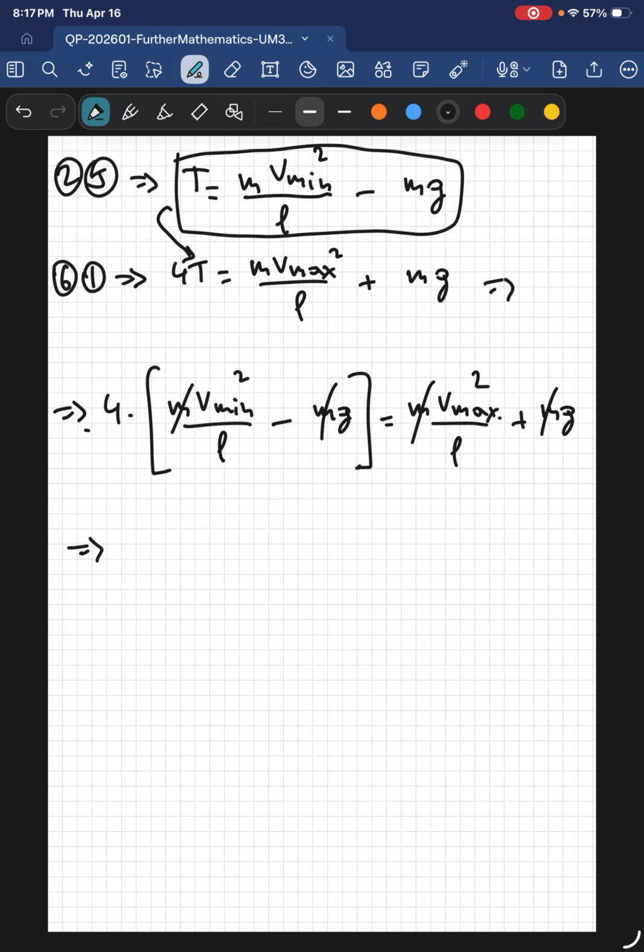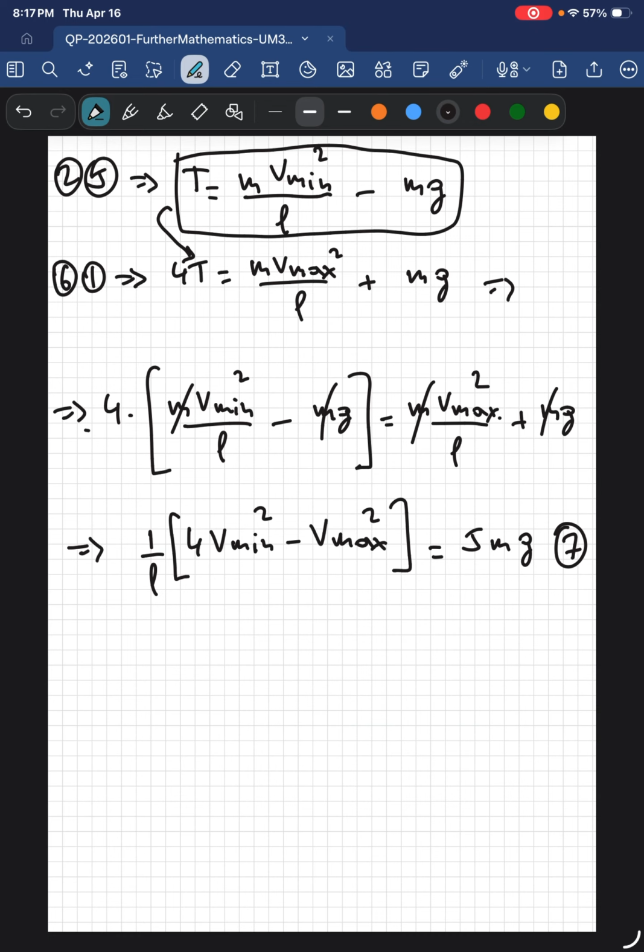We will move V max to the left hand side, so we have 1 over L times 4V minimum squared minus V maximum squared being equal to 5mg. And we will call this equation 7.